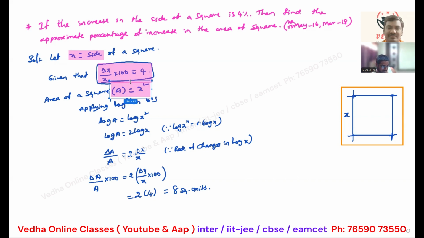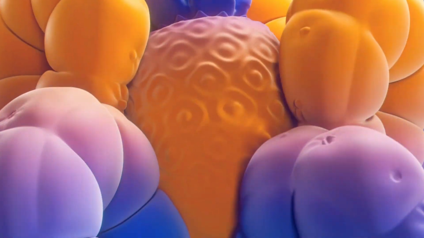After that, applying log on both sides, we get delta a by a is equal to 2 into delta x by x. After that, multiplying by 100, we finally get the answer as 8 square units. This is the required solution.